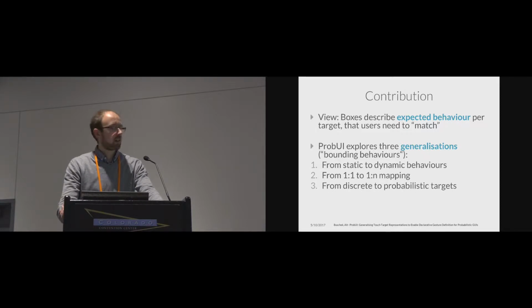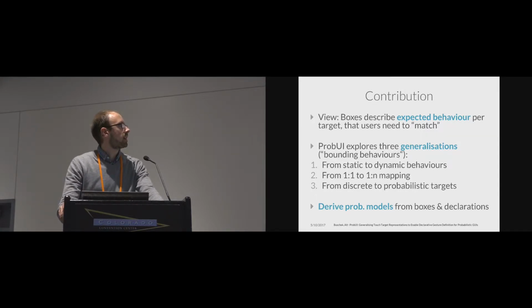And then finally, instead of having this discrete, simple geometric test, we want a probabilistic model, and we will also see benefits of that. And then some of these ideas have been explored in other work as well. In this framework here, the particular idea is that we can derive the required models automatically from the existing bounding boxes and some additional declarations. And the idea behind that is that this is then easier for developers to integrate.